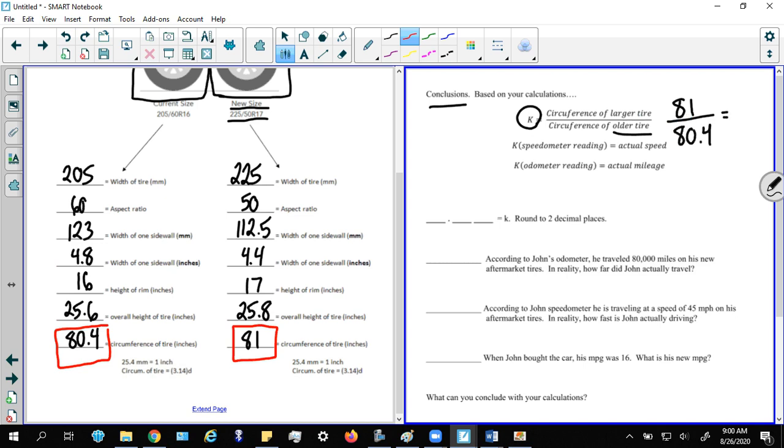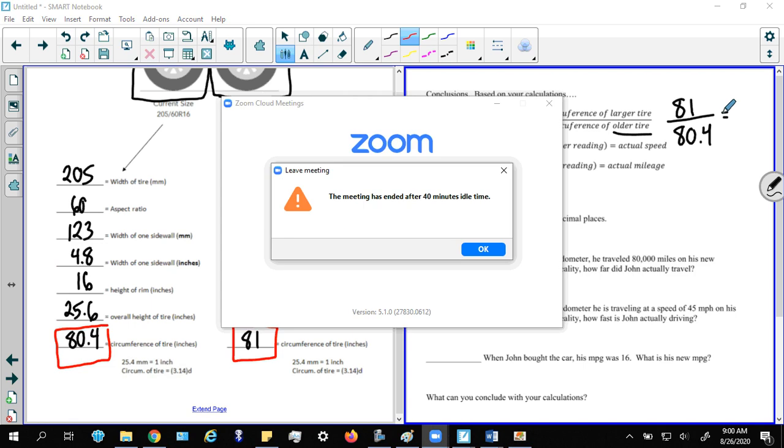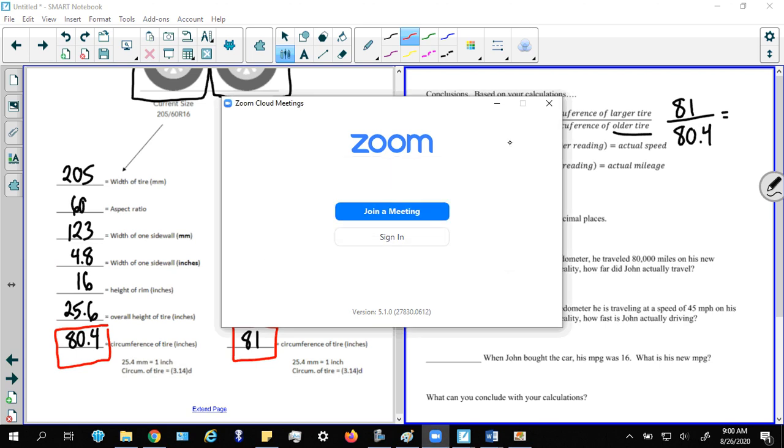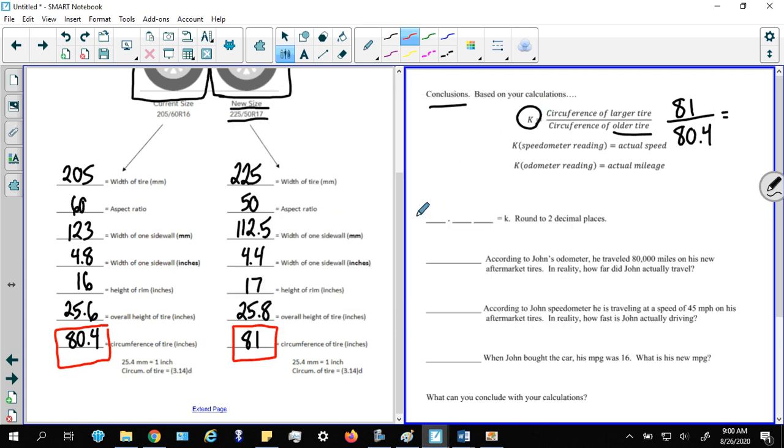So when you do the math, 81 divided by 80.4, you get 1.007, but I'm going to round to two decimal places.